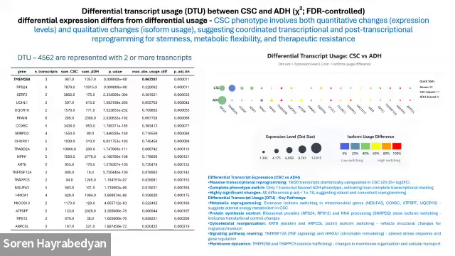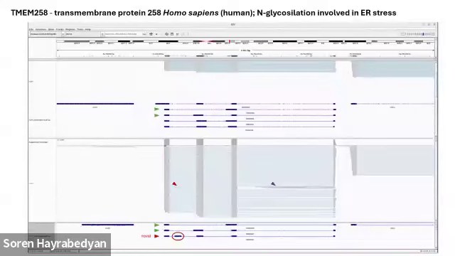Like this gene, TMEM258, it's a transmembrane protein. As you can see, when you visualize the reads, in the wild type, we have 2 transcripts, which I pointed to with green arrows.